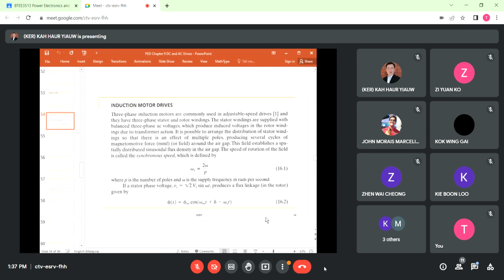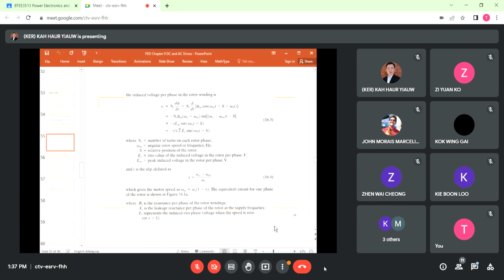If a stator phase voltage Vs is of sinusoidal form, then it produces a flux linkage, which is given in equation 2 here. The induced voltage per phase in the rotor winding is given in equation 3 here, where Nr is the number of turns on each rotor phase.